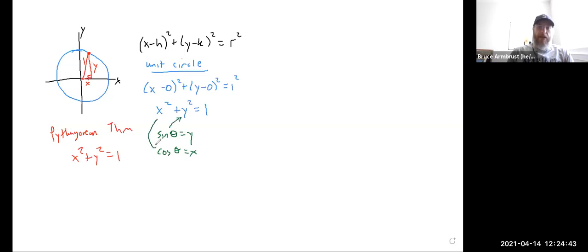So we can fire those into this equation, and what we get is cosine theta squared plus sine theta squared equals 1.